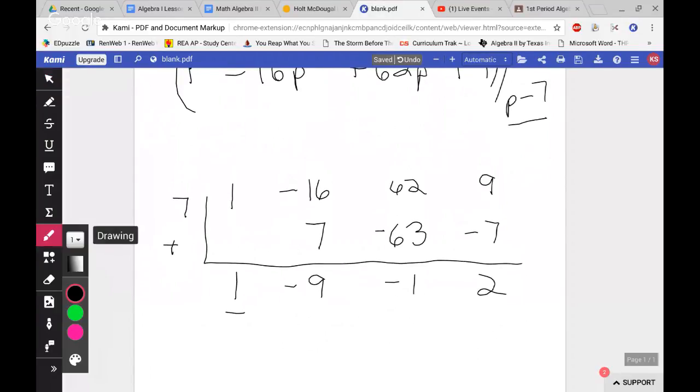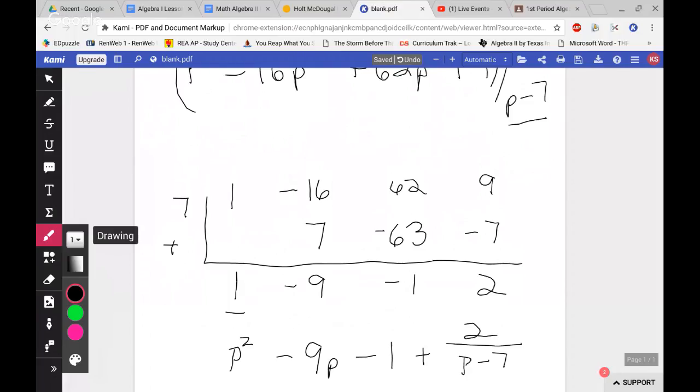So this is going to be a p squared, 1 degree down from the cubed, minus a 9p minus 1. That becomes my constant. Plus, and then I'm going to state my remainder over my divisor, which was p minus 7. Ah, I see. Is that better? Yes, ma'am.